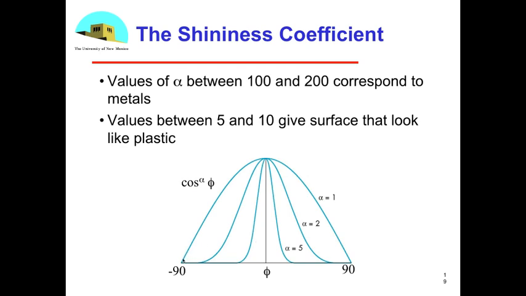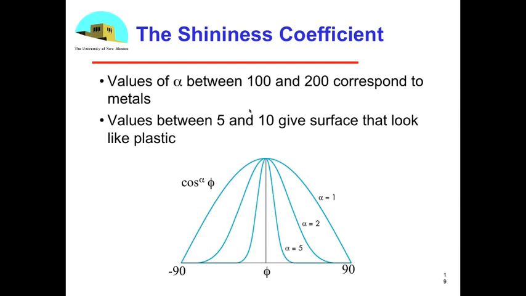Here's the cosine of phi just for alpha equals 1. So this is the cosine between 90 and minus 90 degrees. Now what happens when I raise this to a power? Because the cosine is between 0 and 1, all the values other than 0 and 1 get reduced. A fraction keeps getting smaller and smaller as I raise it to higher and higher powers, but 1 to any power is 1 and 0 stays 0.